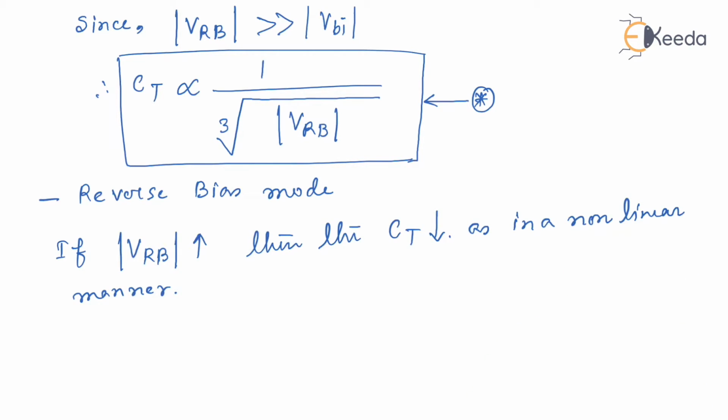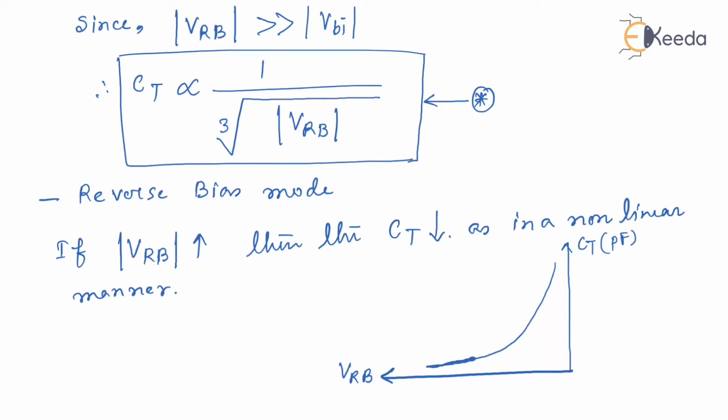Now, if I plot the reverse bias voltage Vrb and the Ct value, that is the transition capacitance in picofarads, then I will get a plot like this. Ct will decrease nonlinearly with Vrb.